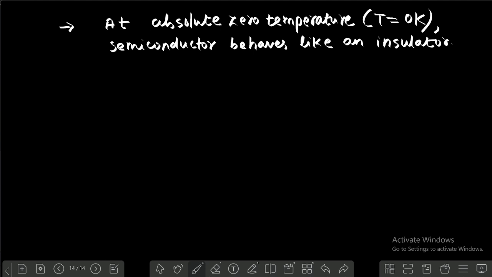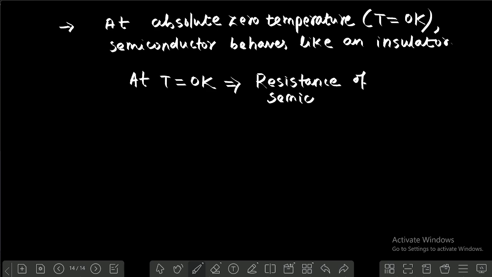Next, you can write what is the resistance. Now at T equal to 0 Kelvin, the resistance of semiconductor is infinity. Listen, what is the resistance?